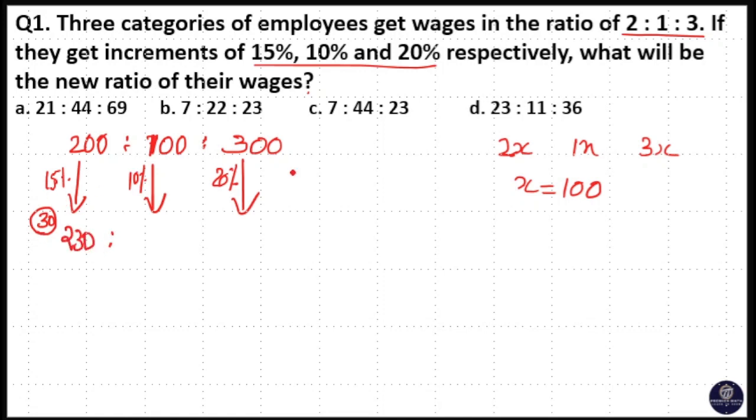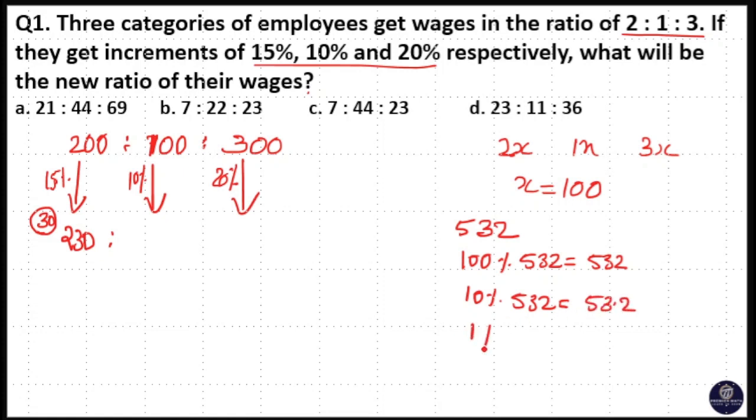How to calculate the percentage of a number? Here I am showing you an example. This is the number 532. Here 100% of 532 is 532, and 10% of 532 is 53.2. 1% of 532 is 5.32.